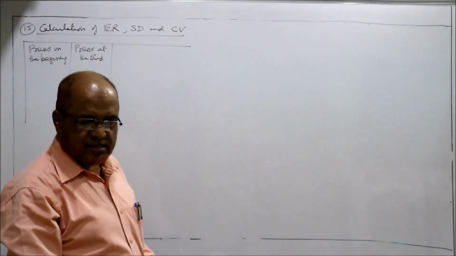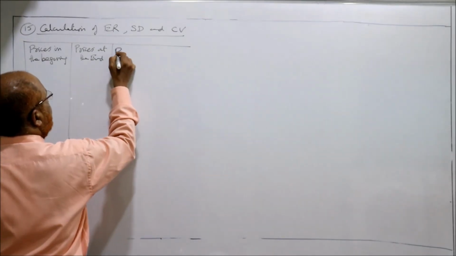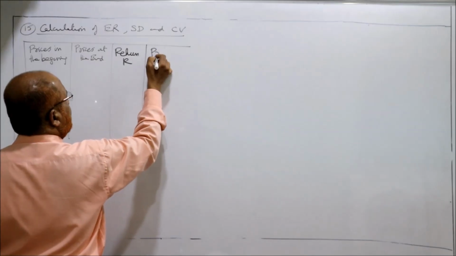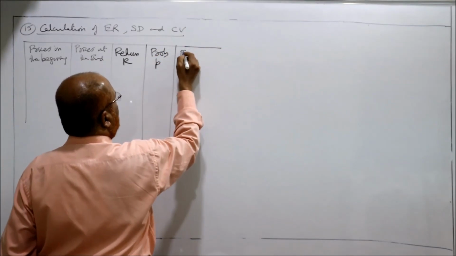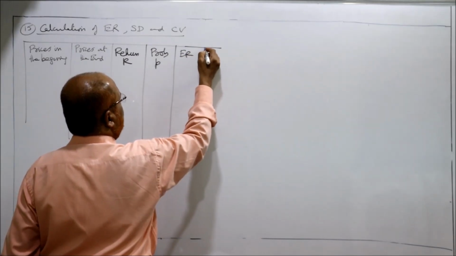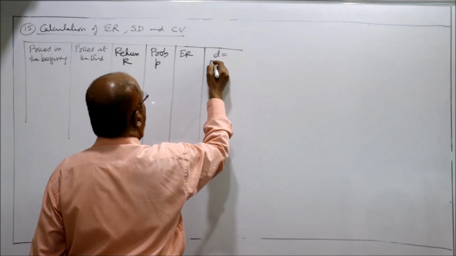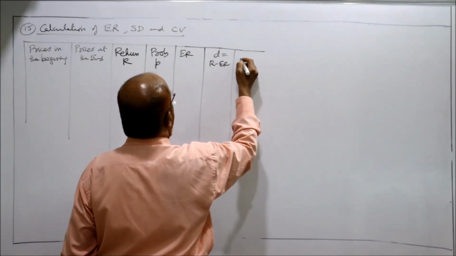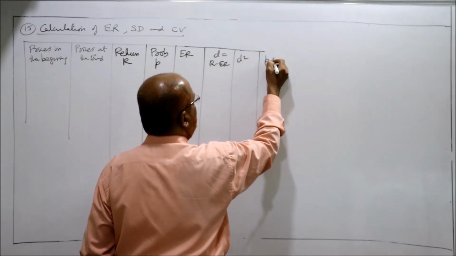By comparing prices in the beginning, prices at the end, we are finding out the returns. Probability P, expected return, then D is equal to R minus ER, then D square, PD square.